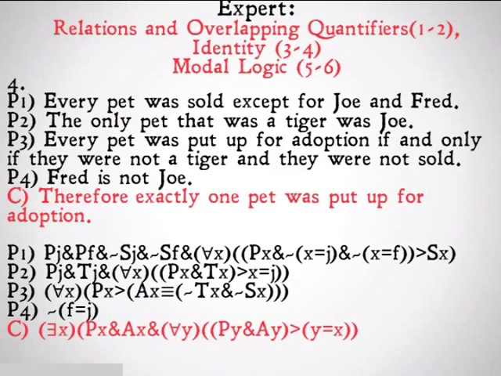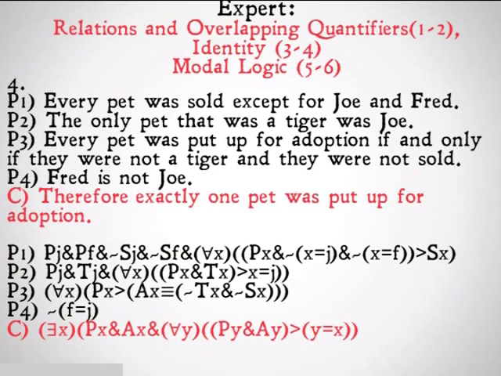It's not the case that Fred is Joe. Fairly simple there. And finally, the conclusion, therefore, exactly 1 pet was put up for adoption. There exists an x such that x is a pet and x is put up for adoption. And for all y, y is a pet and y is put up for adoption implies that y is identical to x.